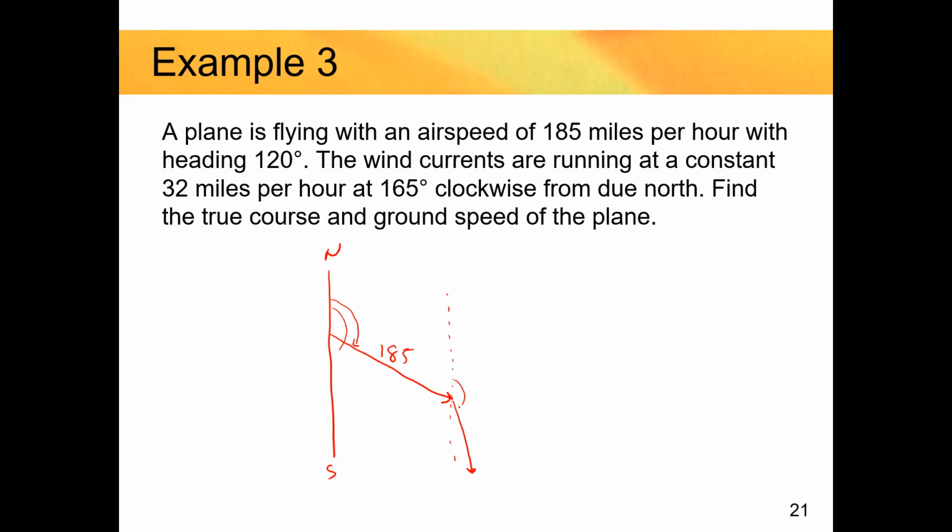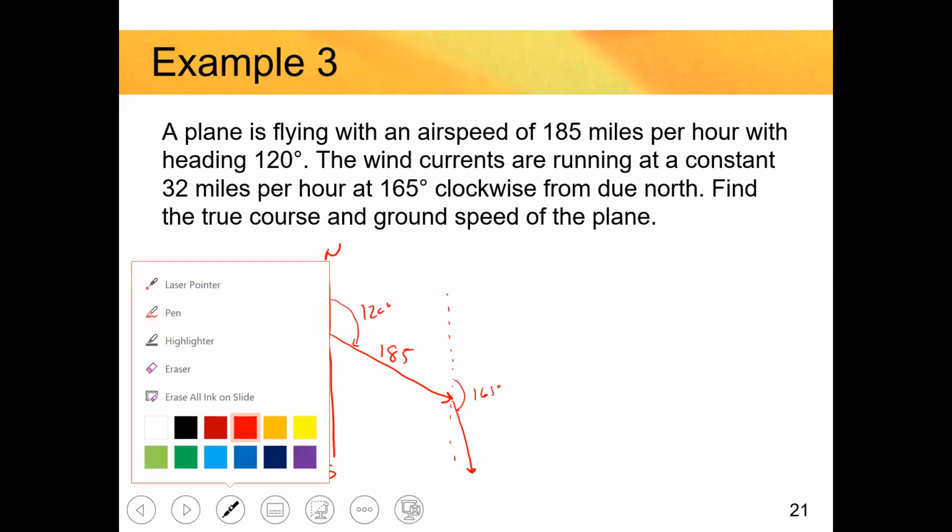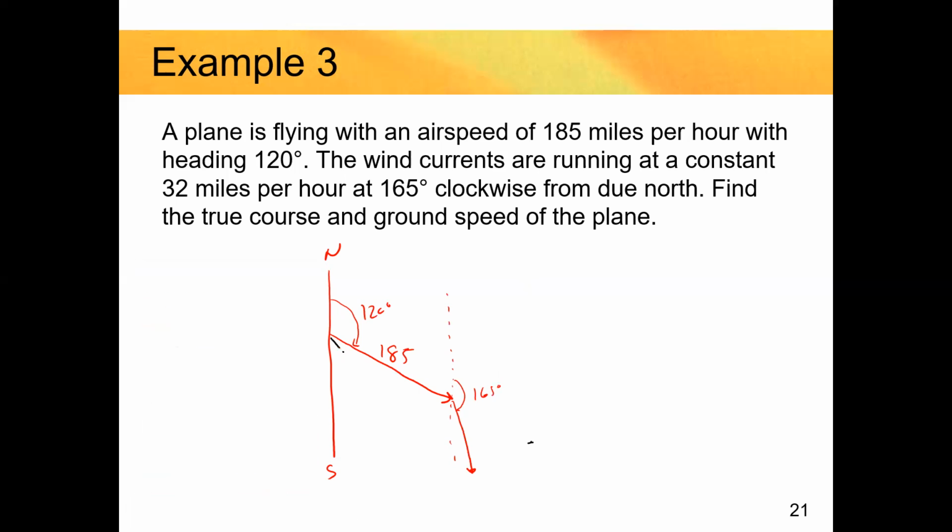So this piece right here will be 165 degrees, as we're trying to connect them from one end to the beginning of another one. It looks like we're going to try to get to this piece right here, the true course. This one's 32, we know that for sure.